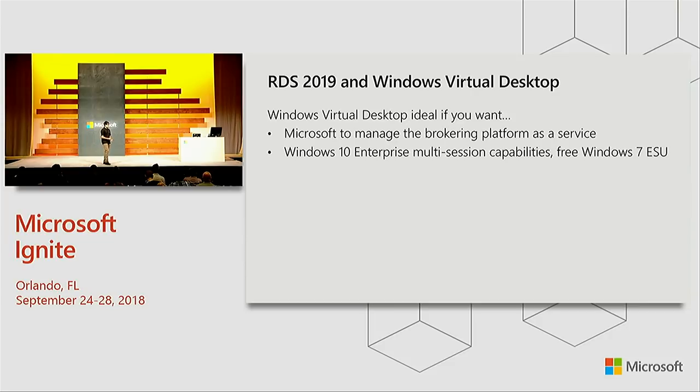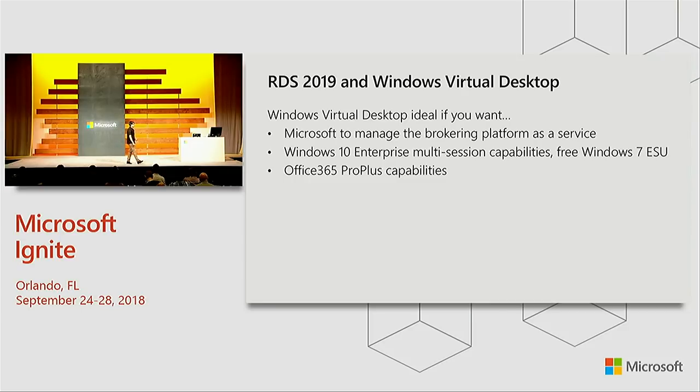You also might want to use Windows Virtual Desktop if you want the new Windows 10 Enterprise multi-session capabilities, an Azure-only experience only provided through the Windows Virtual Desktop service, as well as Windows 7 extended support that's free. If you don't want to pay an arm and a leg or 2 arms and 2 legs to do that on your own hardware or on-prem.